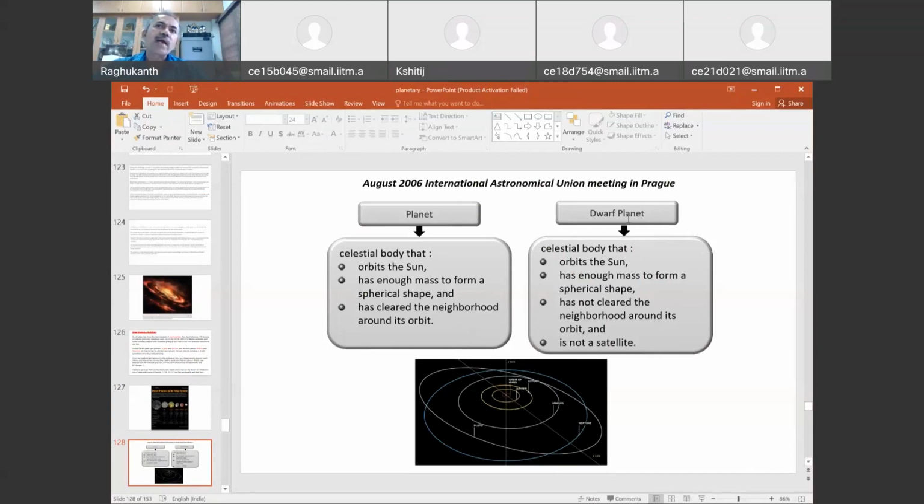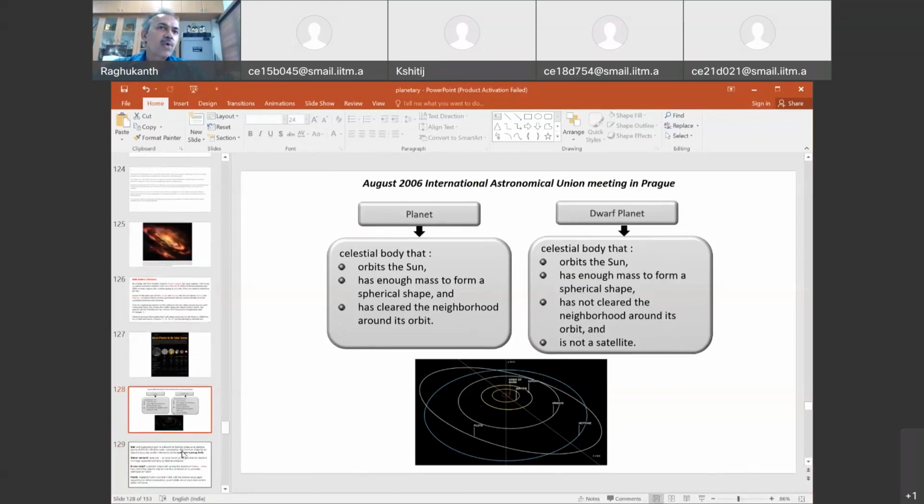A dwarf planet orbits the sun and has a spherical shape, but it has not cleared the neighborhood around its orbit, and it is not a satellite. The Moon is a satellite, but a dwarf planet should orbit the sun only. So these are the standard definitions for planet and dwarf planet.